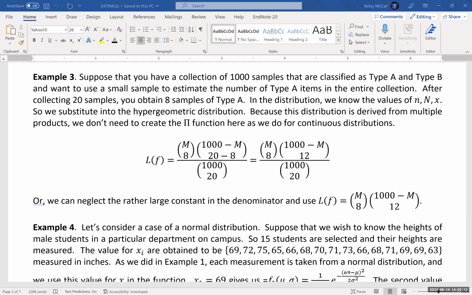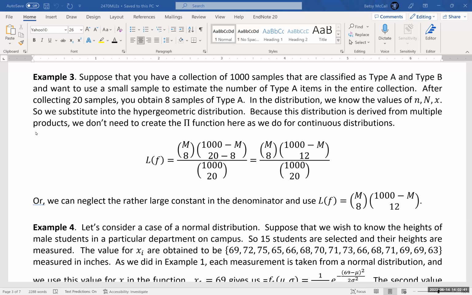We have two discrete types. This is how we know that it's hypergeometric. And we want to estimate the number of type A items in the entire collection without having to literally count all 1,000 items. So after collecting 20 samples, we end up with 8 samples of type A. And so we fill in the values for the hypergeometric distribution for the things that we know, which is the total size of the collection, which is 1,000.